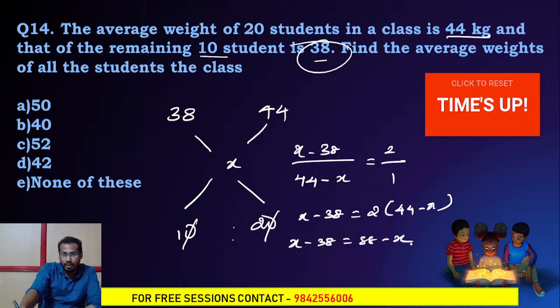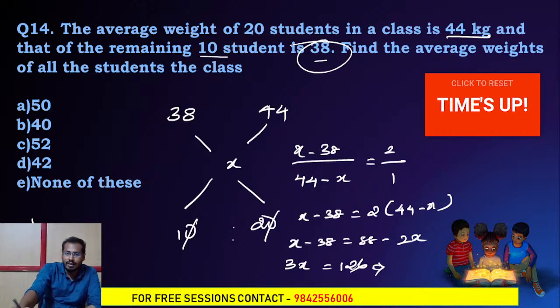Sorry, 2x. So the minus 2x goes to the other side as plus, and 38 goes across as plus 38. So 3x is equal to 88 plus 38, what comes? Correct? 126. Then divide by 3.